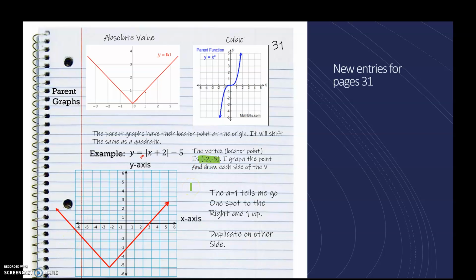So that's where I'm going to start the graph, which is right down here. And since my a value was 1, that means I go 1 to the right and 1 up. And I'm going to keep that same pattern over and over again, 1 to the right, 1 up. And then I'm just going to duplicate it on the left side, a mirror image. And that's how you draw your V shape.